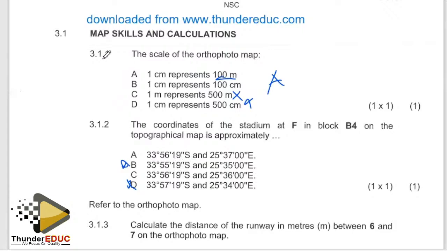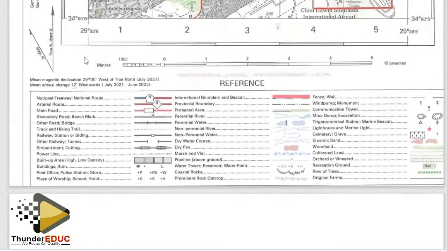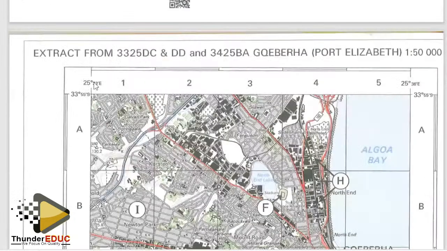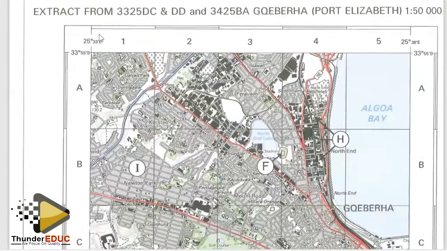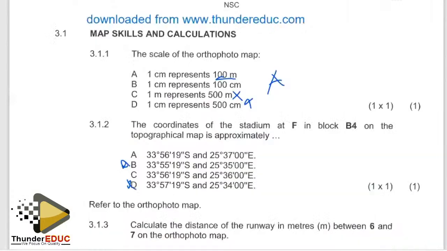The first one is okay. Let's check the second options. We have 33, but where is F? F is here. So it is 34, 35, 36. Let's see the options. It should be a 36. So the answer is obviously C.